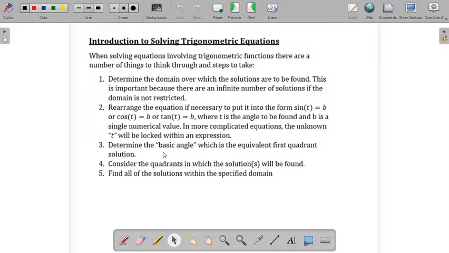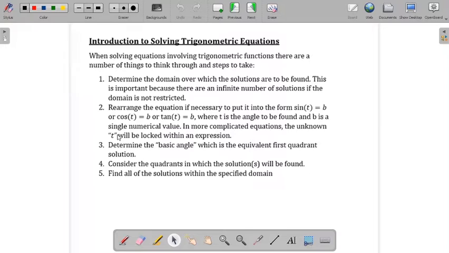Once we've got that, we can work out the actual solutions. The next thing to do is look at what quadrants the solutions are going to be found in, because remember, sine, cosine and tan are positive in certain quadrants and negative in others. And lastly, find all of the solutions within the specified domain.